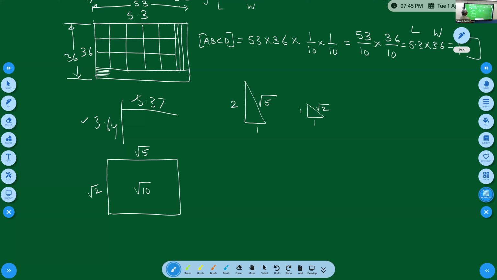Okay, the approach is, now if we try to write down this root 5 in the decimal form, then the digits are never going to stop. That is the problem. The moment I stop, it no more remains irrational number.